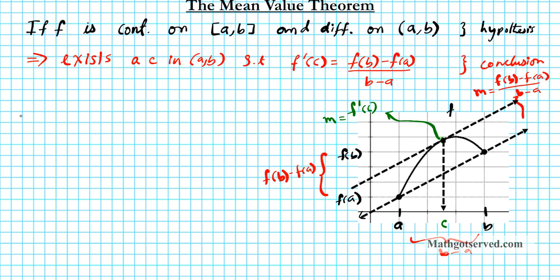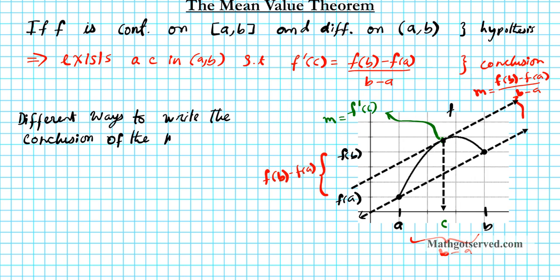So, different ways to write the conclusion of the MVT. MVT is just the abbreviation for mean value theorem. It can be written using rates.